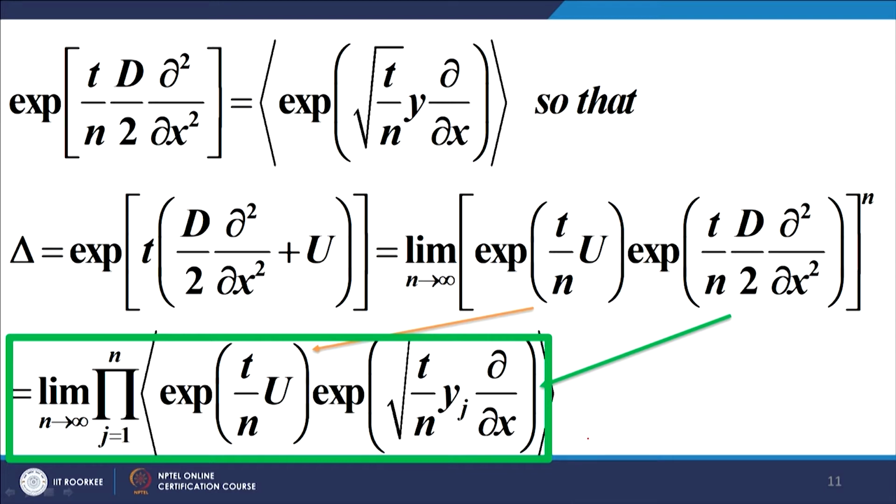In other words, the terms in del by del x and in u alternate with each other. We do not have del by del x terms together and u's together. The terms alternate.